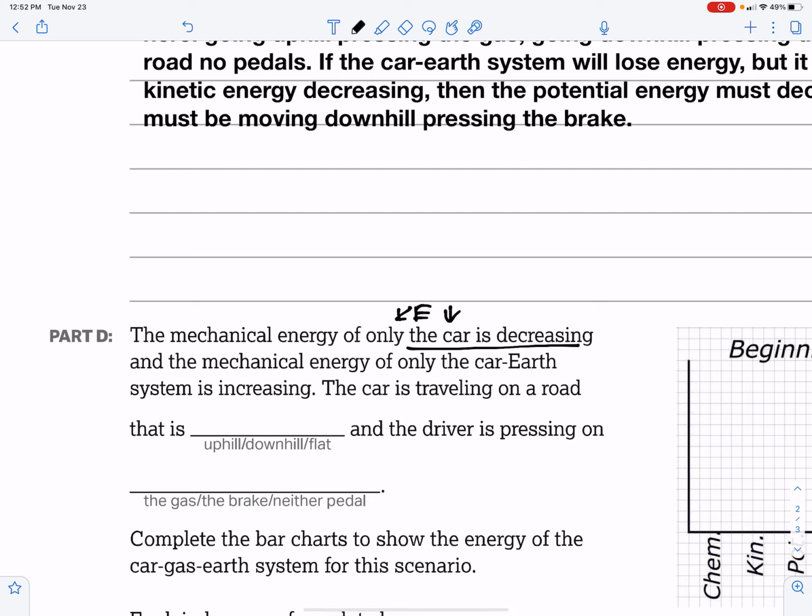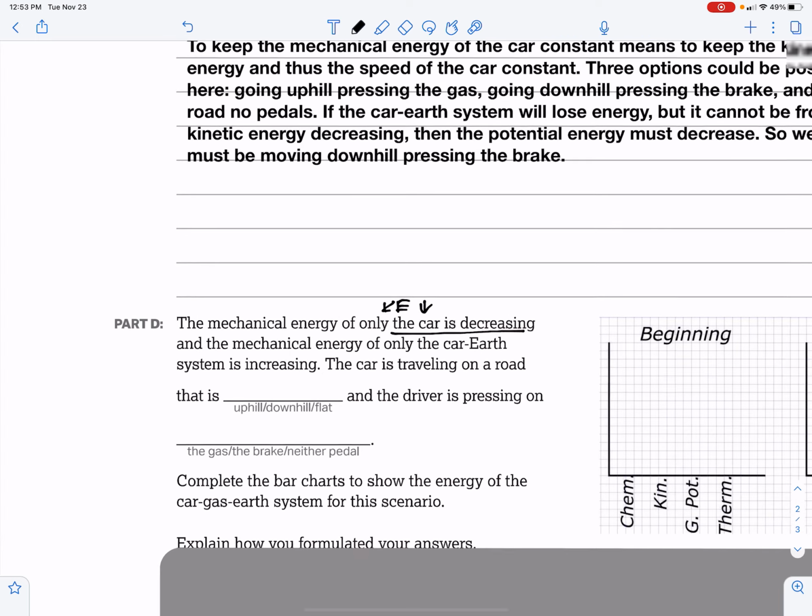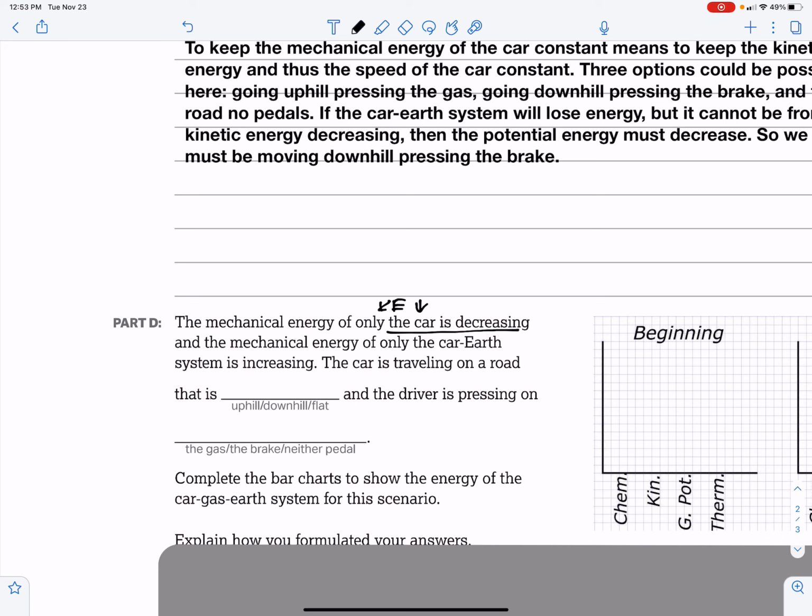Kinetic energy is decreasing. Mechanical energy of the car-earth system is increasing. Okay, so what are the possibilities?